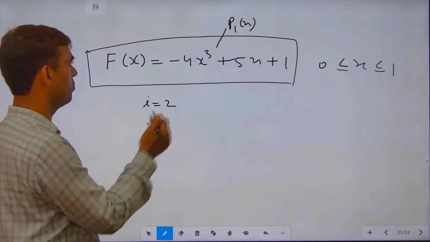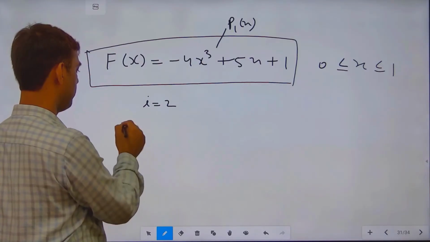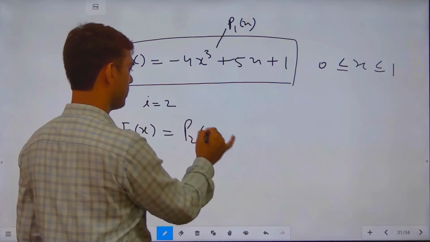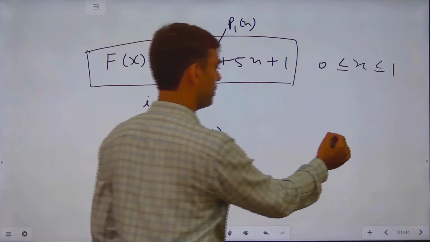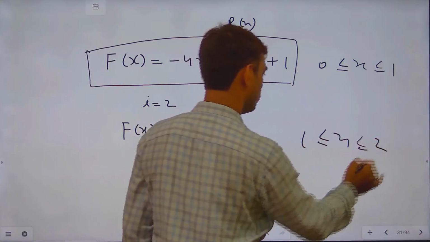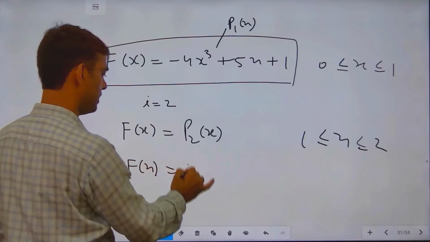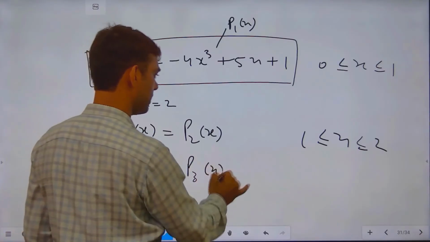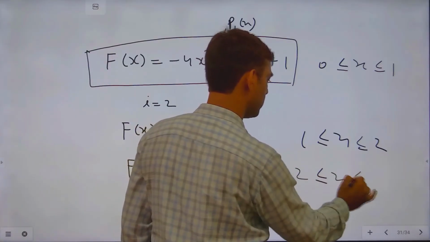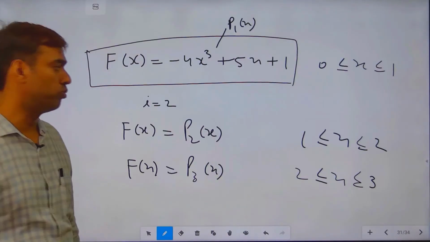For i equal to 2, we find fx between, you may say p2x, between x less than 2, and similarly fx equal p3x, x lying between 2 to 3. In a similar manner as we found for 0 to 1.